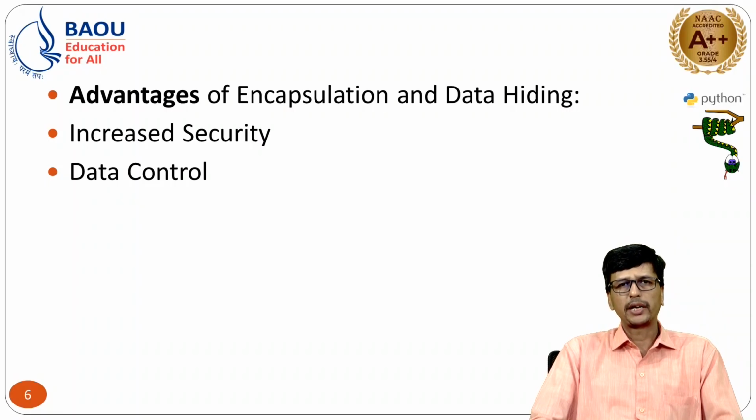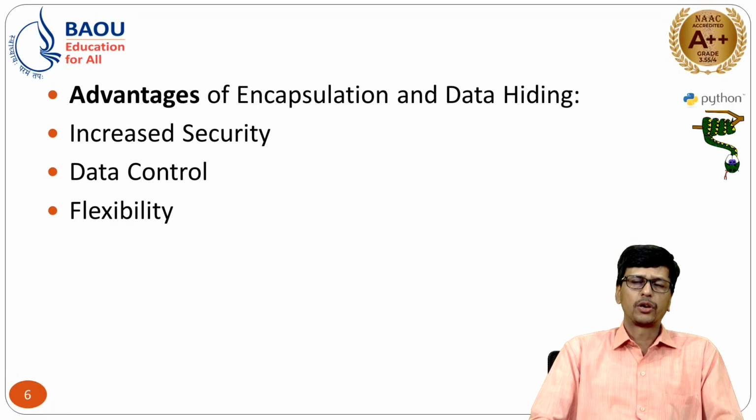So if you require that age must be positive, not a negative number, then you can put some conditions, some validations here. So with the help of validation, you can choose which kind of data can be modified or inputted. Third, that is flexibility. Your data can be flexible here, depending on which method uses that particular data.